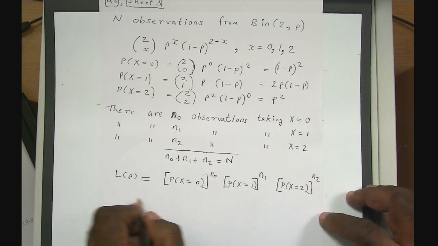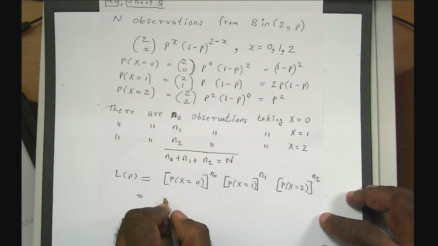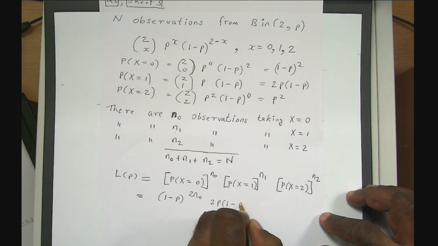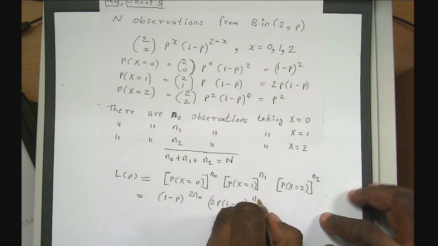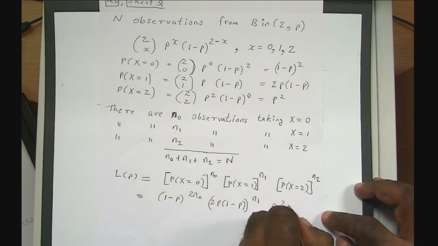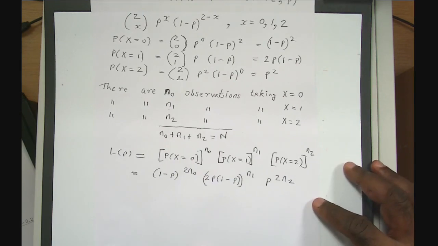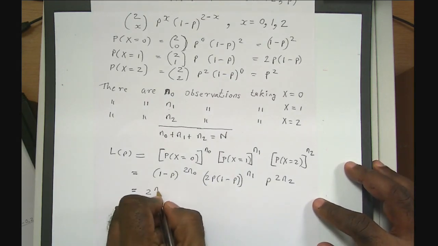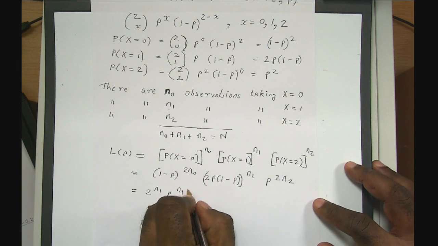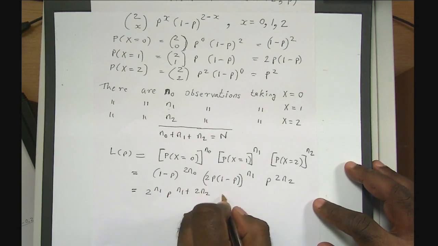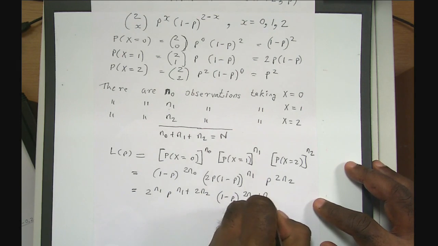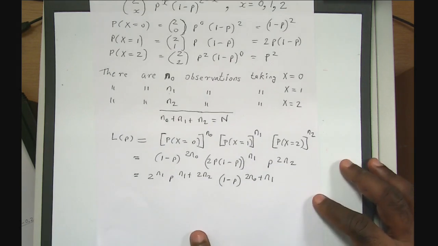Now this one obviously you can simplify, guys. It simplifies to this, and this can be further simplified as this one. All right, so this is the likelihood function.